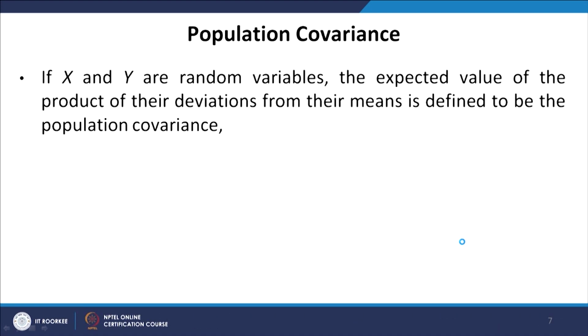Now, we talk about population covariance. If x and y are random variables, the expected value of the product of their deviations from their means is defined to be the population covariance, very similar to sample covariance. The difference is that when you talk about population, we bring in the concept of expectation.